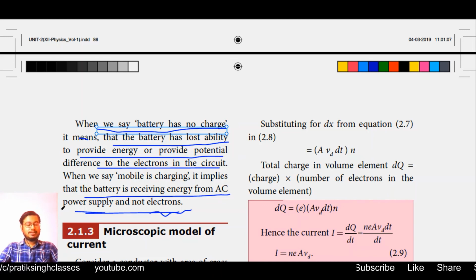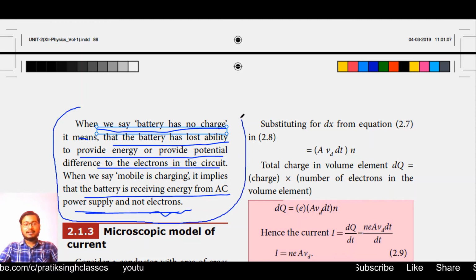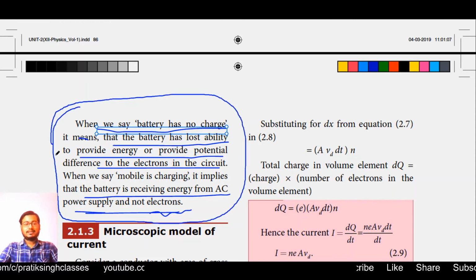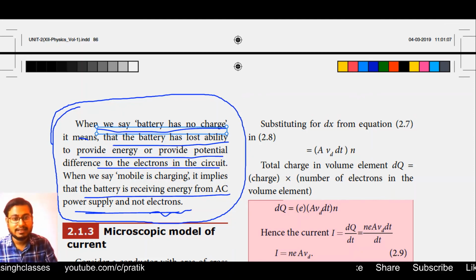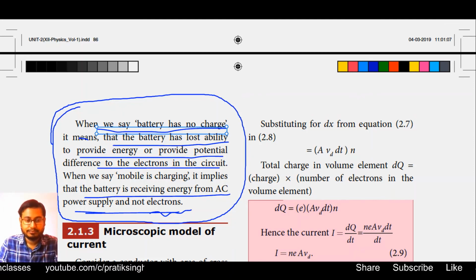Because of that potential difference, we again get the energy that makes the electrons inside the circuit move, and the mobile phone starts working. So always remember the meaning of charging and discharging of a battery. The same thing you will also study in chemistry.